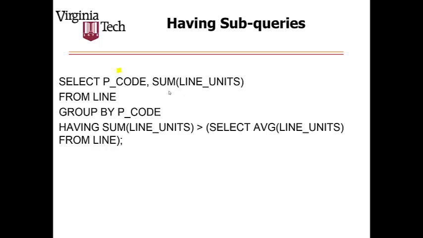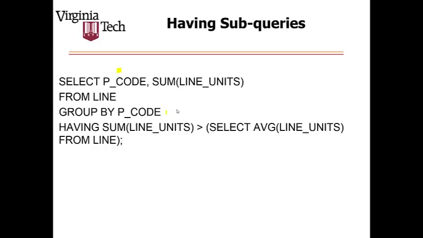And so what we want to know is how many have we sold of each product. So we group by that product code and then sum across that group of rows that have the same P code.